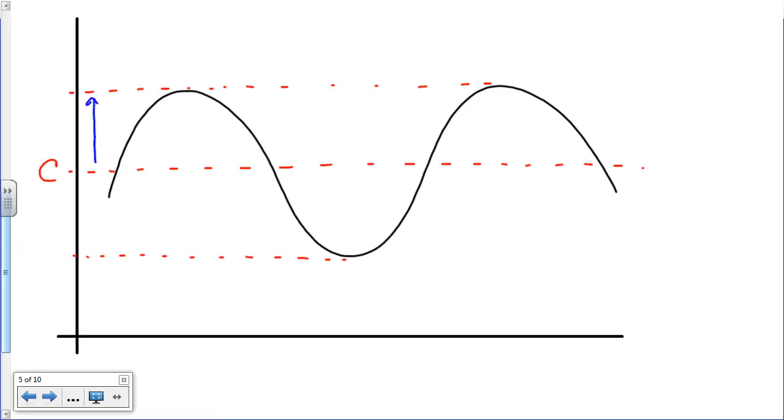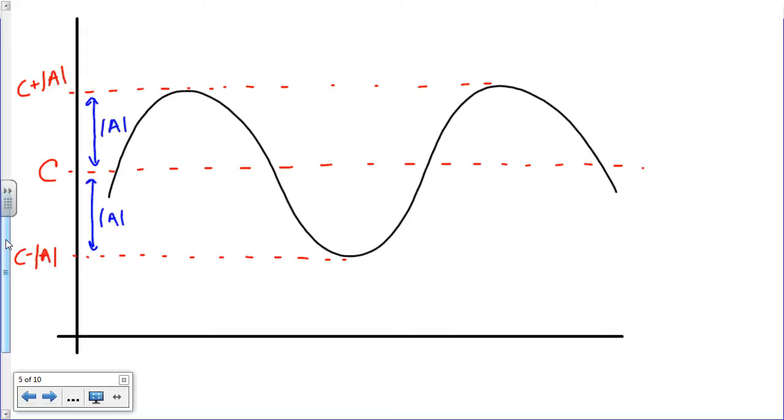So this distance right here is the absolute value of A. This distance is also the absolute value of A. If you want to name these points, this would be C plus the absolute value of A, and this would be C minus the absolute value of A. Okay, so that marks what's going on our vertical axis, the amplitude and the sinusoidal axis.